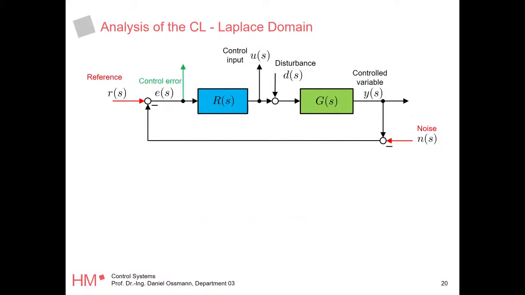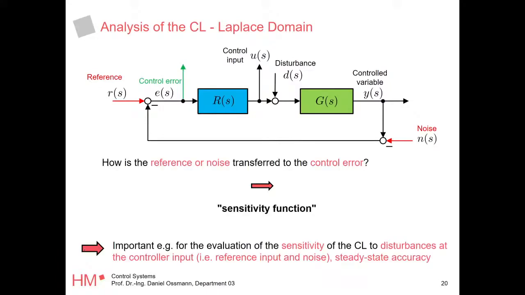The second transfer function: now we are not looking at the controlled variable at the output, but we are looking at the control error, right? The inputs remain the same. So how is the reference or the noise transferred to the control error?